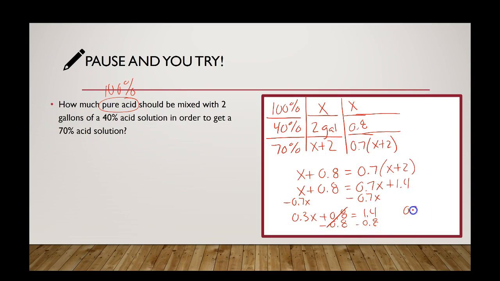And I have 0.3x equals 1.4 minus 0.8, 0.6. Divide, and I believe you get a 2. Yep. So then you need 2 gallons of the 100% solution as well as 2 gallons of the 40% solution to get to your 4 gallons of your 70% solution.